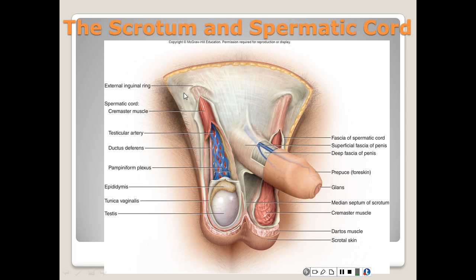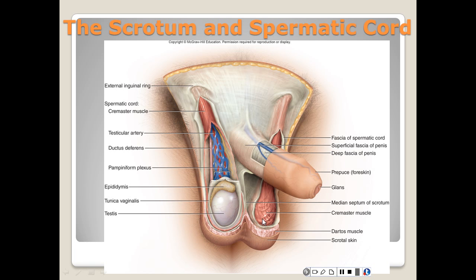This muscle right here, called the cremaster muscle, you see that it has stripes, just like the abdominal oblique, and this muscle is going to contract and draw the testes closer to the body when it is cold. And then, when the temperature gets warmer, this cremaster muscle relaxes and is able to lower the testes further from the body. So it's going to allow it to drop.